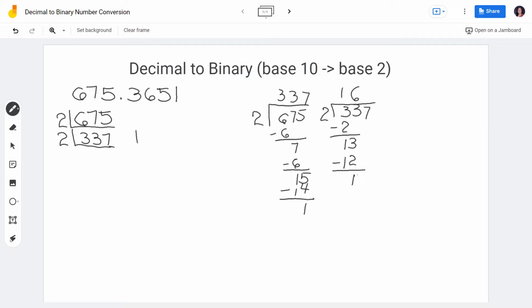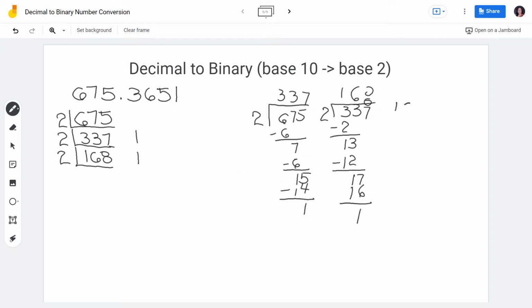And then bring down 7. So 17 divided by 2 is 8, 8 times 2 is 16, so we have remainder 1. Our next answer is 168, remainder 1. If you notice, as long as it is an odd number, we always have a remainder of 1.